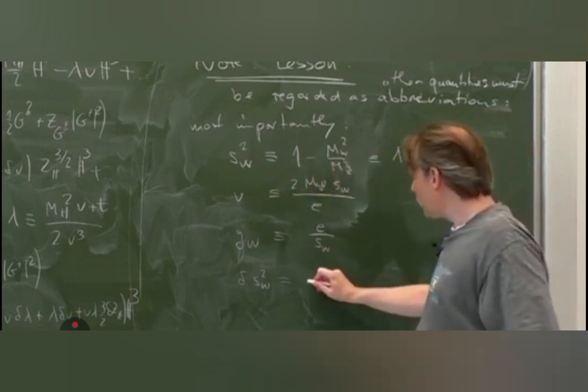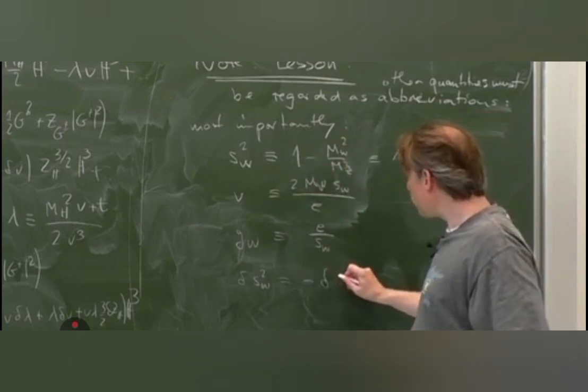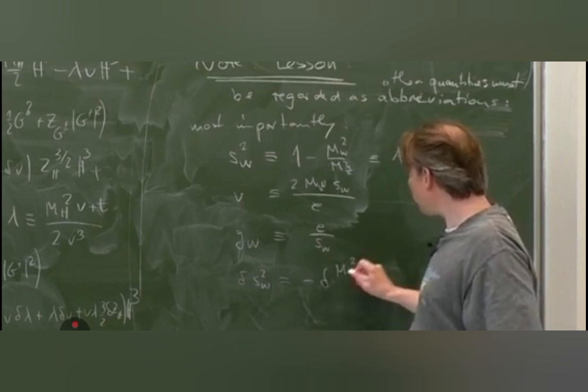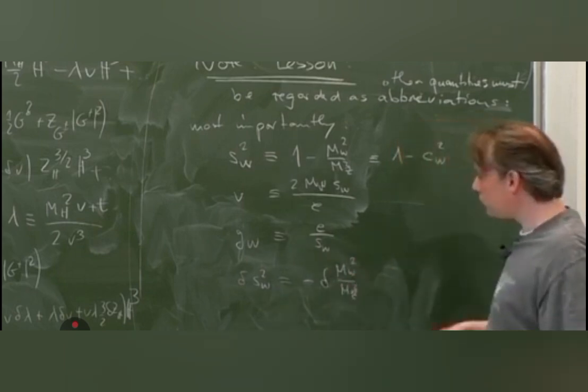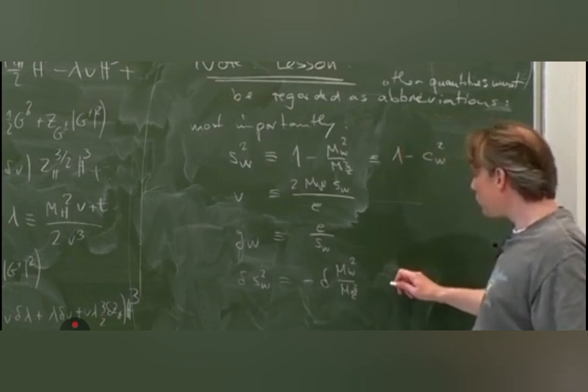So it is delta of one minus this fraction MW square over MZ square, and that is evaluated in the sense of infinitesimals or derivatives.